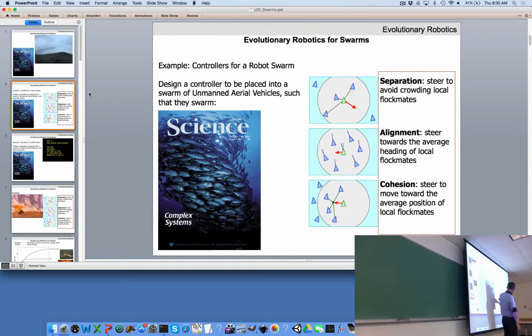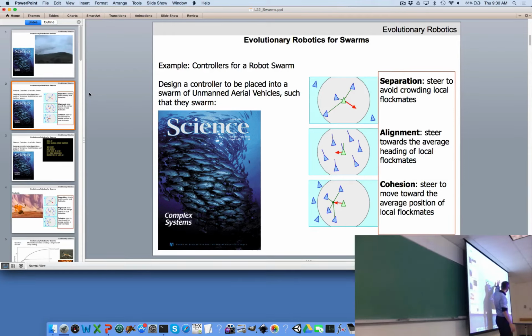Let's do cohesion, which is the inverse of separation. Again, look at the position of all of your neighbors. Compute the average position of your flock mates. So take the positions of all of these guys, find the average position, and then turn towards that center. If there are too many of your neighbors that are too close, turn away.